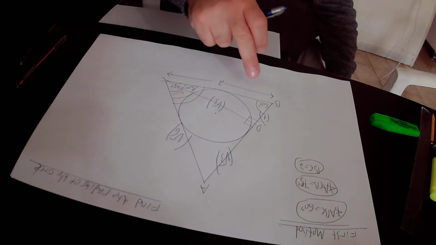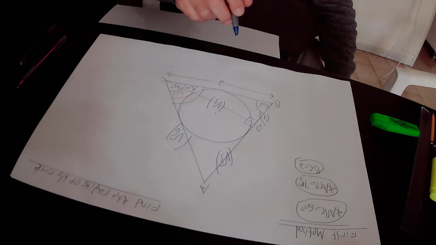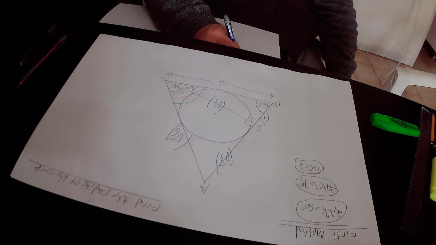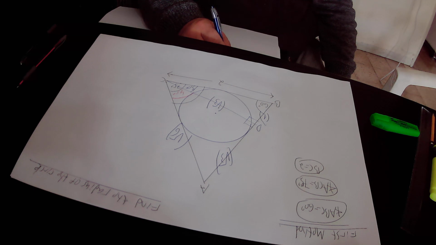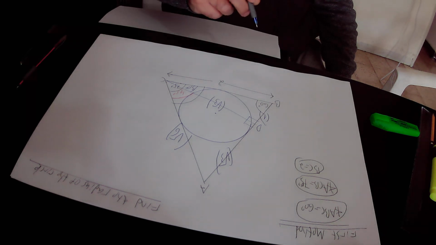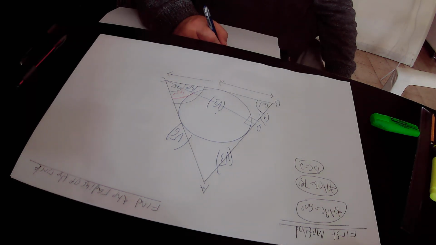So we define the radius of this circle as R, and the radius R will be equal to the area of triangle ABC over the semi-perimeter of the same triangle.